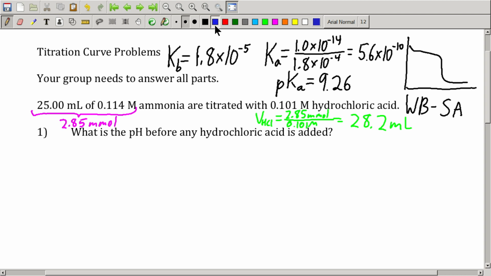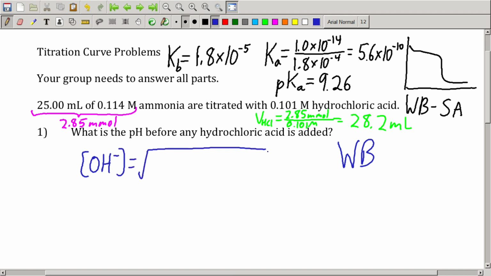Yeah, it's a weak base. Okay. So that tells us we need Kb. Since we can probably approximate here, we could say the concentration of hydroxide ion in this weak base solution is going to be equal to the square root of my Kb times the initial molarity.